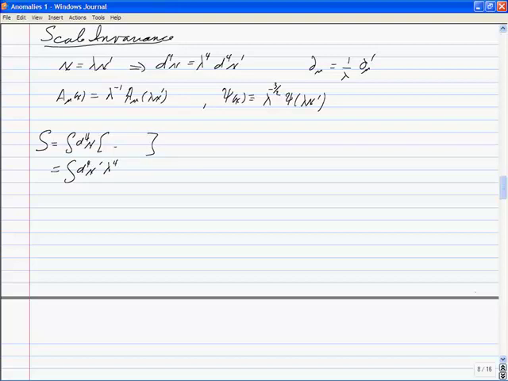That's changing the coordinates. I get minus a quarter F squared at lambda x prime with a 1 over lambda to the fourth. 2 of them come from the derivatives and 2 come from the lambdas.